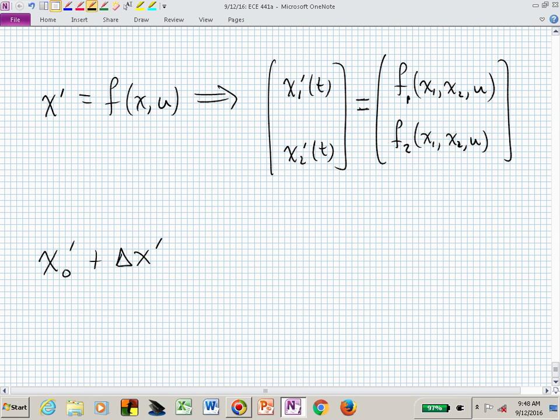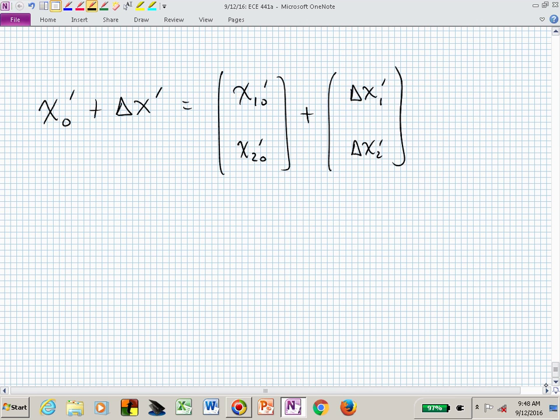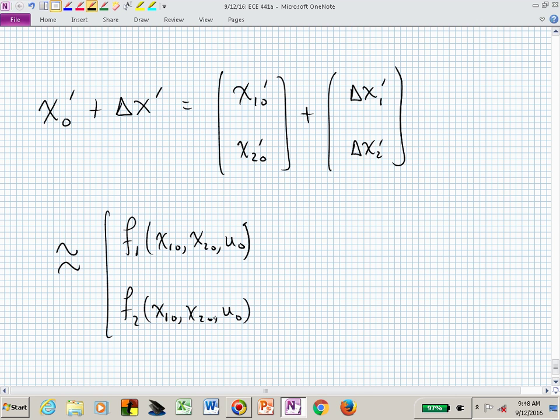That's the left-hand side, which is now x1 naught prime, x2 naught prime, plus delta x1 prime, delta x2 prime, which is approximately equal to f1 of x1 naught, x2 naught, u naught, f2 of x1 naught, x2 naught, u naught, plus.